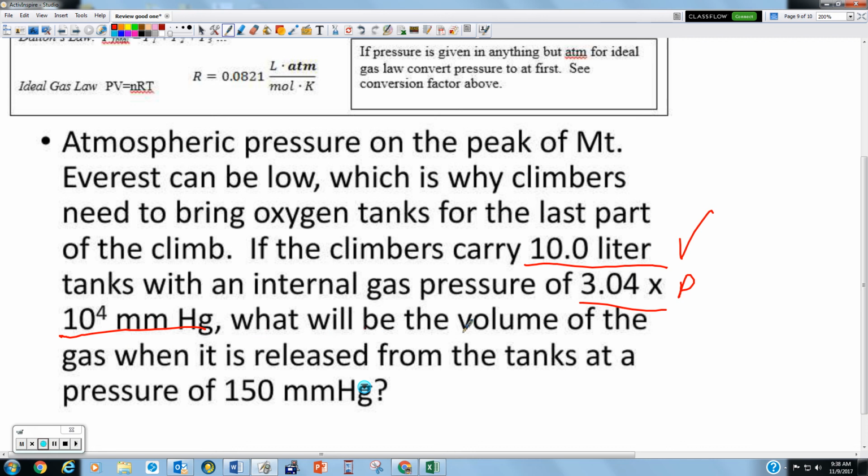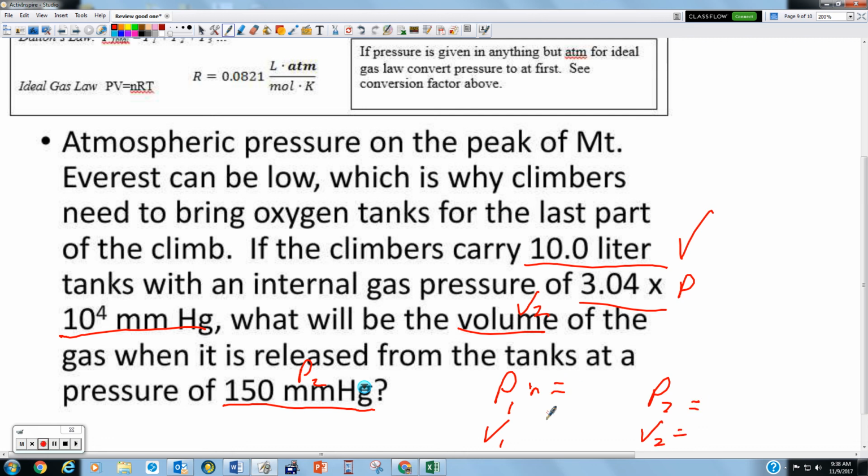What will the volume of the gas be when it is released from the tank at a pressure? That's a P2. So we have a P1, we have a V1, we have a P2, and we want to know V2.